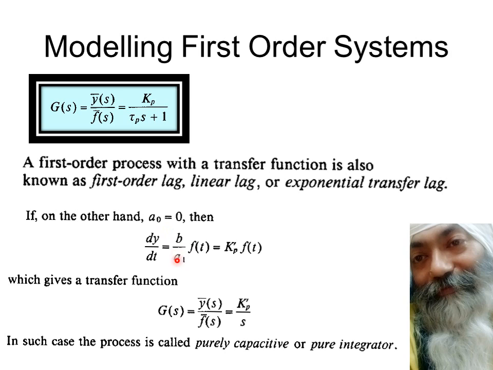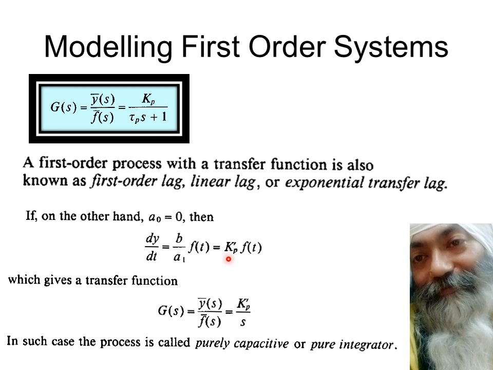This thing, b upon a1, I call it the gain, but to distinguish it from the previous gain, because I have now divided by a1. In the last case it was divided by a naught, so here we have b upon a1. This is not called kp, this is called k dash p.